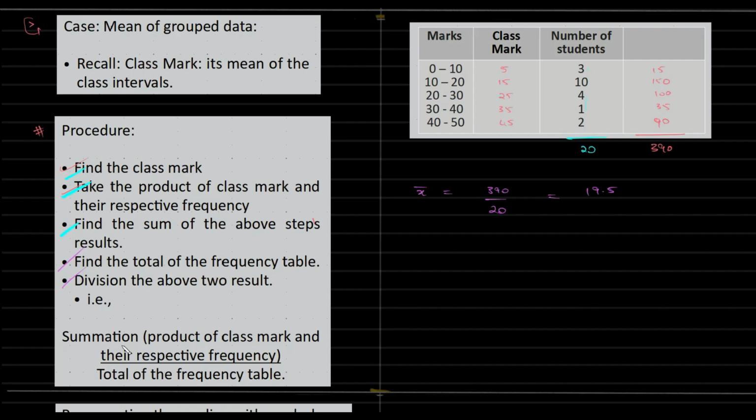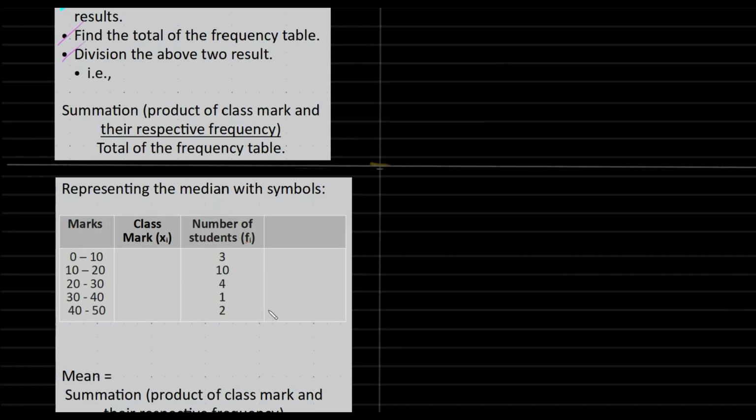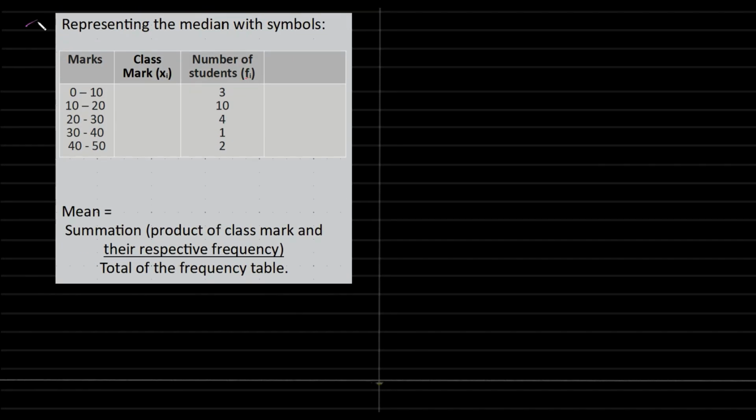So basically it is nothing but summation of the product of class mark and their respective frequency, divided by the total of the frequency table. Representing this with symbols again is important. Class mark is generally represented as xi, frequency is fi.